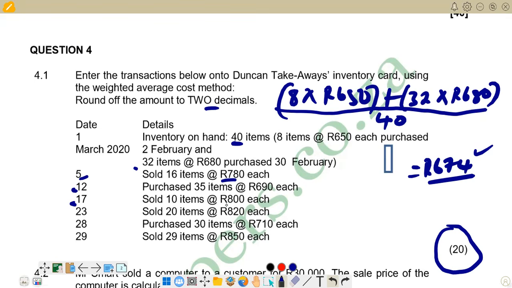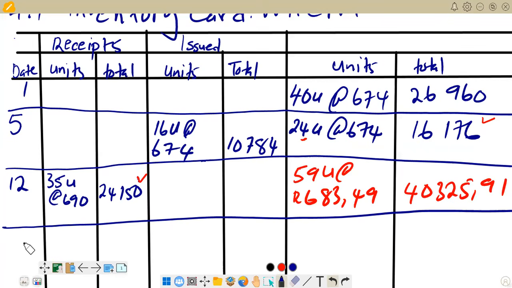Remember, we are not going to consider the selling price when we are issuing. We consider the weighted average that we calculated earlier. So we've got 10 items. So we go back to see what we have there. Right here, we are saying we have got 10. This one is on the 17th. And we are on issued.